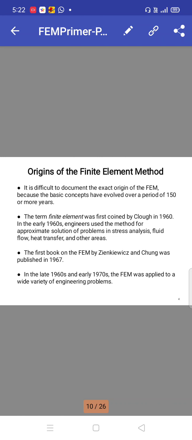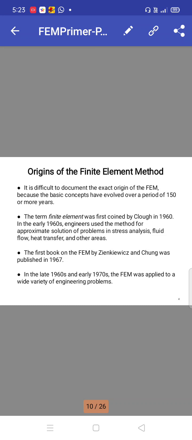Origin of the finite element method. It is difficult to document the exact origin of FEM because the basic concepts have evolved over a period of 150 or more years. The term finite element was first coined by Clough in 1960. In the early 1960s, engineers used the method for approximate solutions of problems in stress analysis, fluid flow, heat transfer, and other areas.